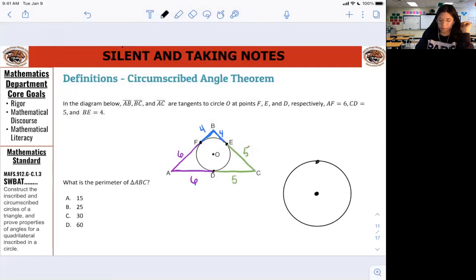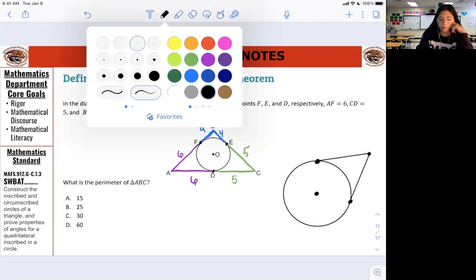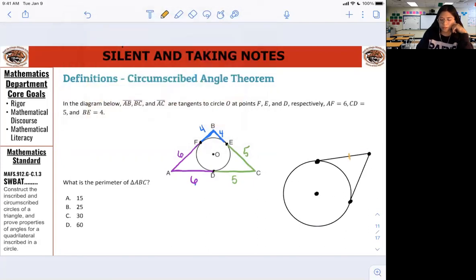If you have a circumscribed angle that meets at a common point, then the two sides of it will be congruent. They will be congruent. So make sure that we understand that.